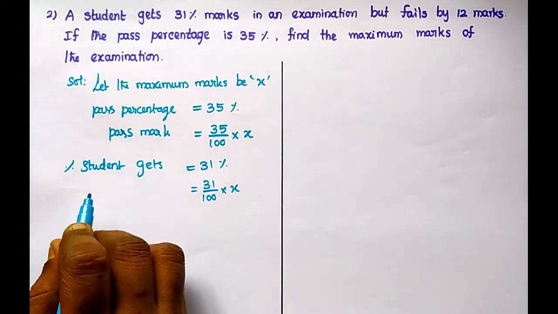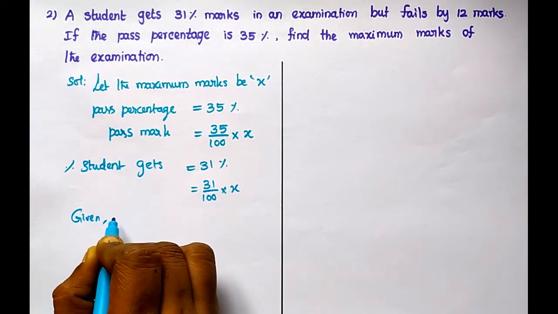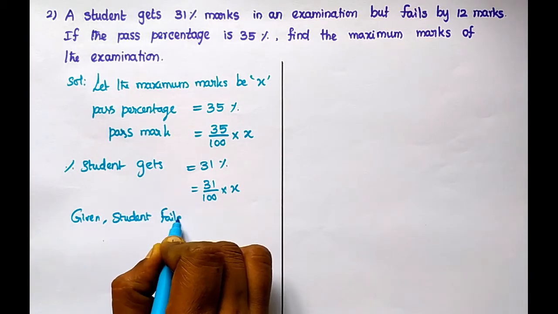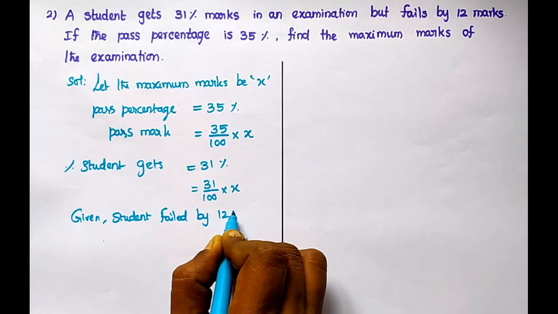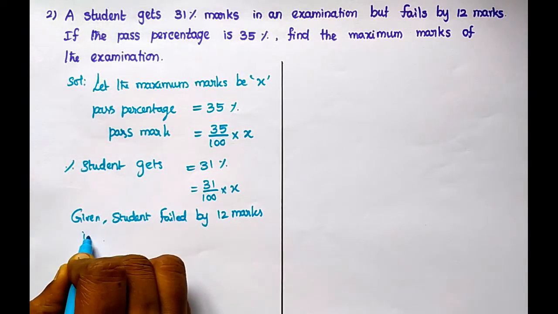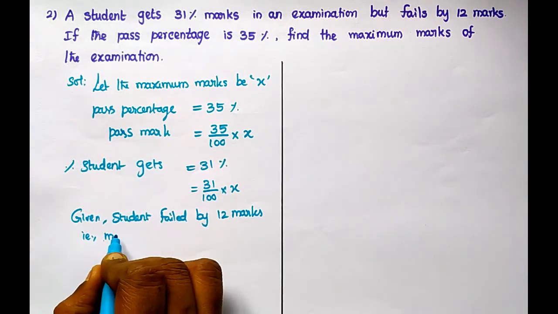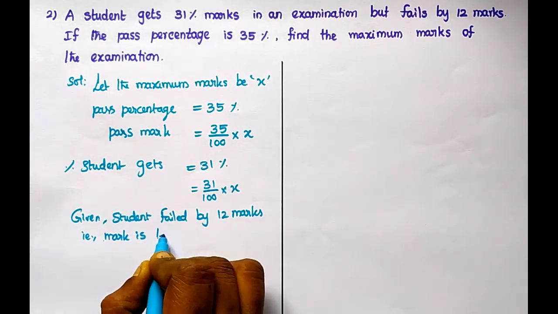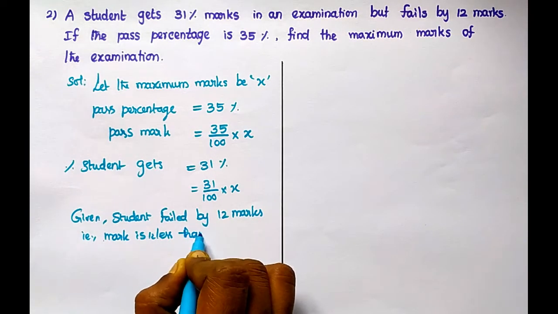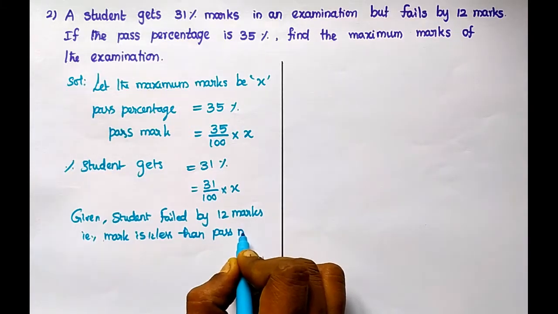Now students failed by 12 marks. So that means the getting mark is 12 less than pass mark.